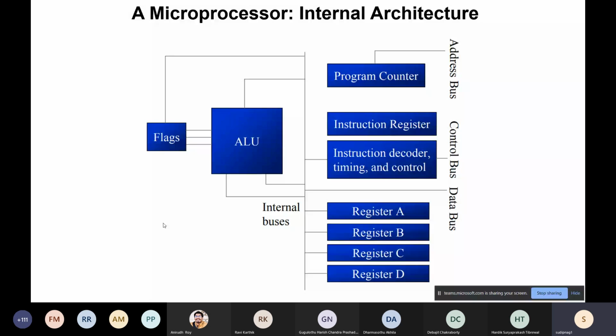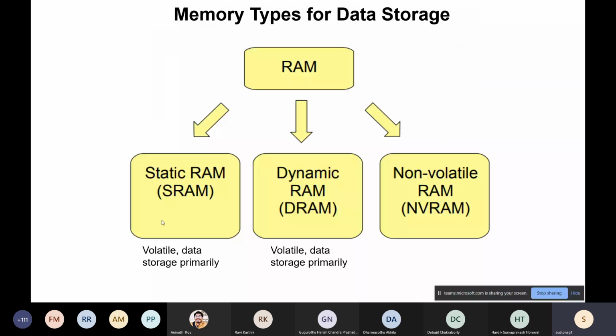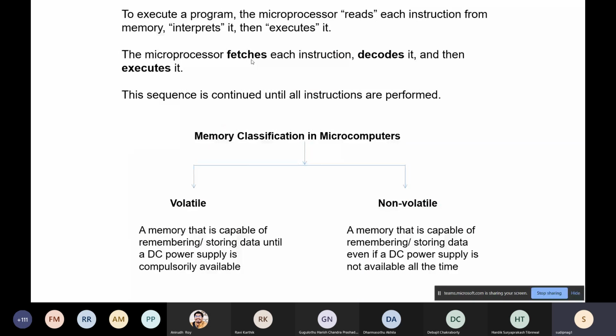But what is there inside a microprocessor? That's also something I told you in one of the slides earlier, that the microprocessor fetches instructions one by one. It decodes as it goes on fetching. After fetching, it decodes. That means it understands what the instruction is, what the meaning of the instruction is, and then it executes, it serves the purpose.